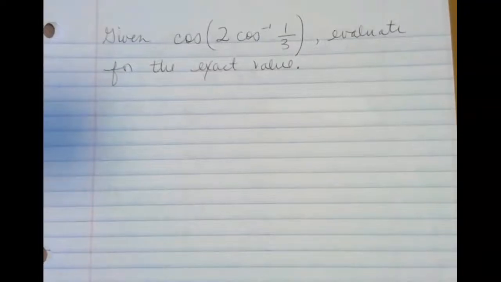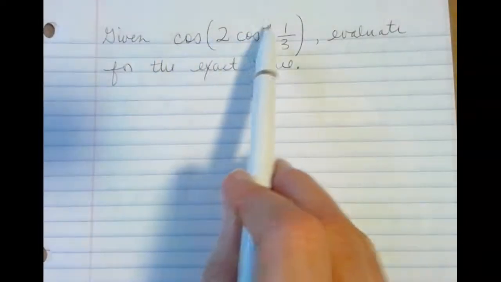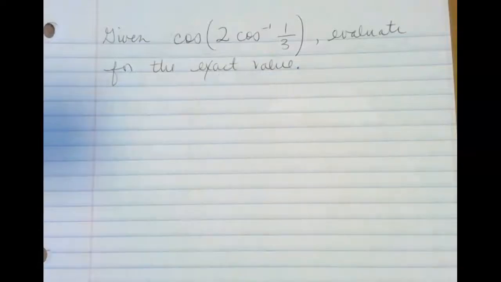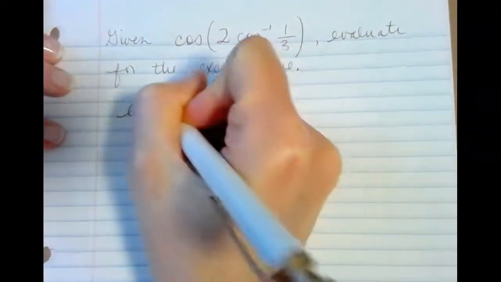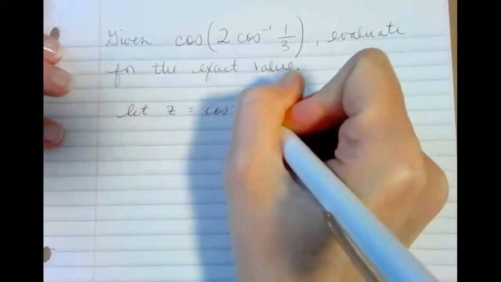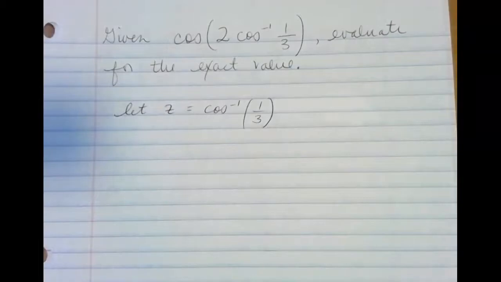Next, given cosine of 2 cosine inverse 1/3, evaluate for the exact value. So we worked on these today, and we're going to do this using substitution. So I will let z equal cosine inverse of 1/3. And everything's positive, so let's just assume everything's going to stay positive.